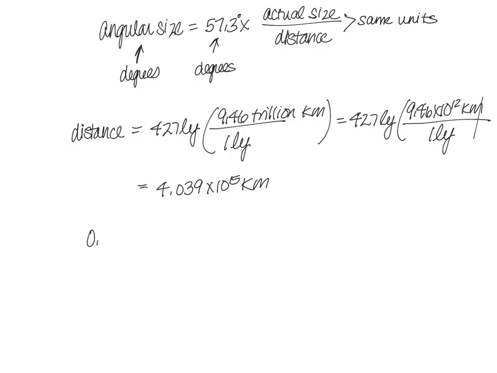Now, I'm also told that the angular size of Betelgeuse is 0.044 arc seconds. An arc second is a very small division of a degree.